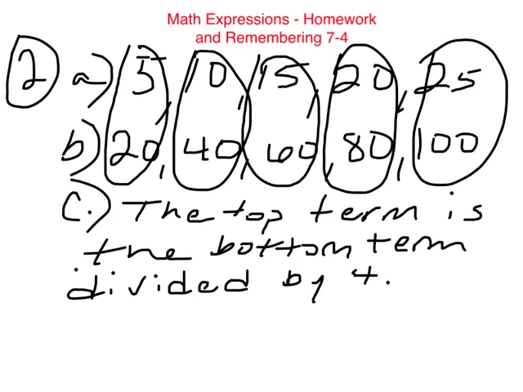I'm going to go to the next slide for part D. Now part D, if you're looking at your homework, you could see it. How does the bottom term compare to the top term? So the bottom term is the top term times 4.